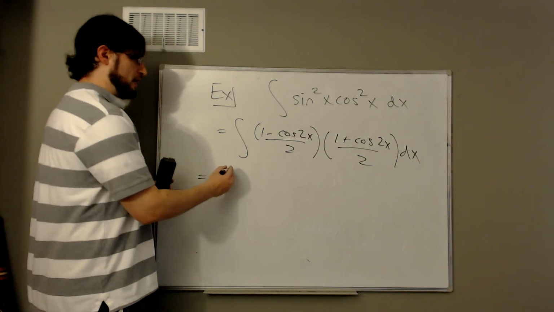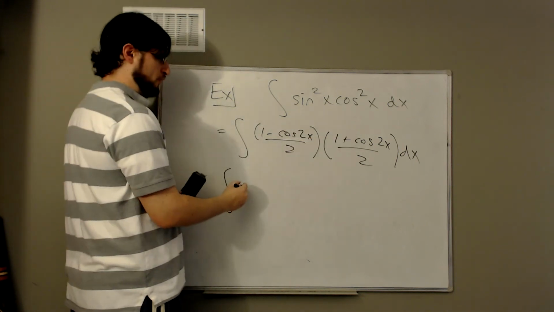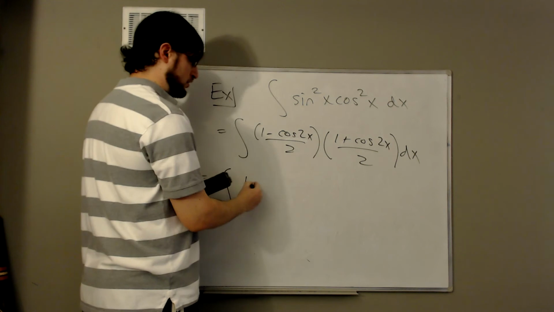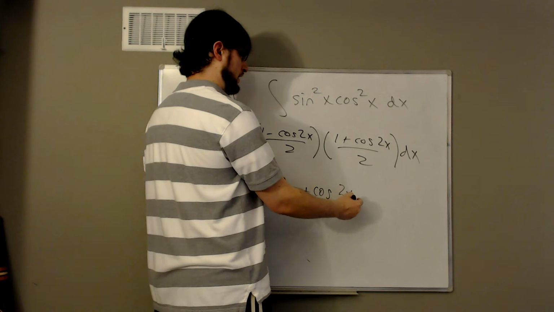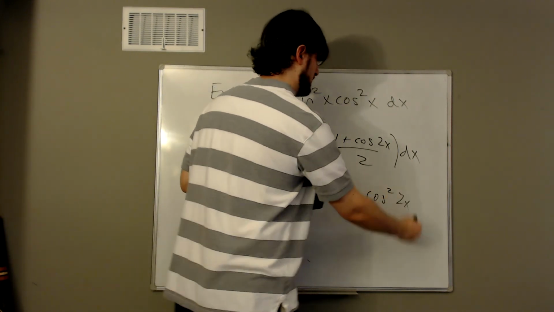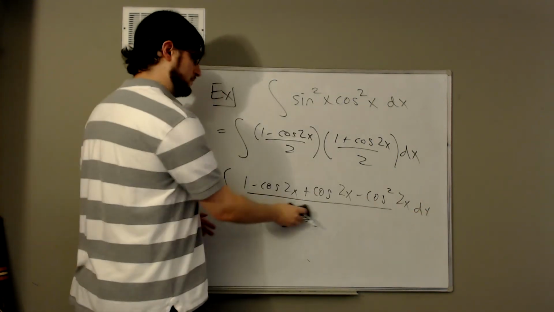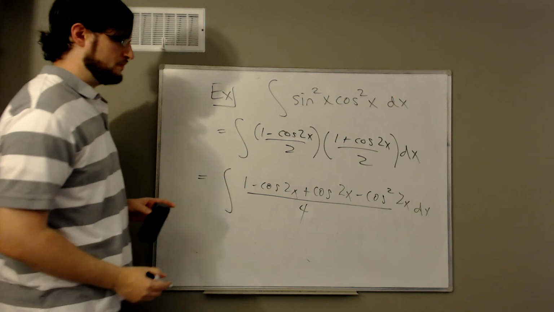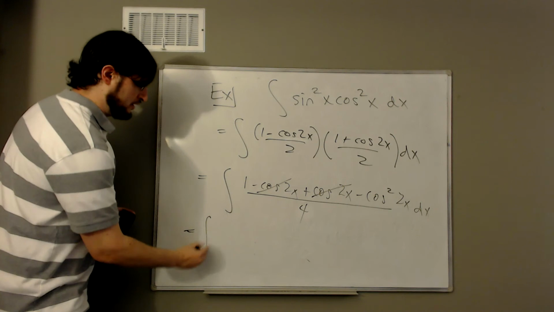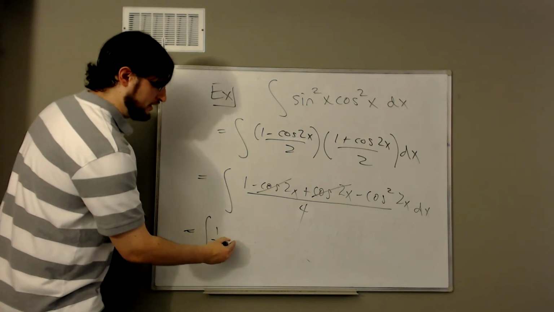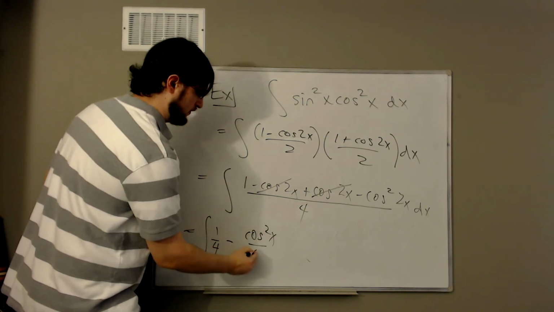But now we can multiply everything out. If we just look at the numerators and we FOIL, I get 1, I get minus cosine 2x, I get plus cosine 2x, and then I get minus cosine squared 2x, all over 2, all over 4. Well, the minus cosine 2x and the plus cosine 2x cancel, and this becomes 1/4 minus cosine squared 2x over 4.